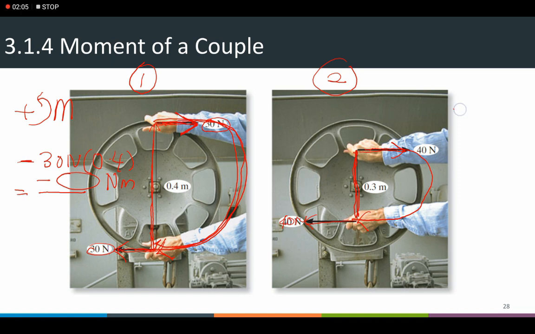We assume, as before, counterclockwise moment is always positive. So negative 40 Newton, because clockwise becomes negative, times the distance 0.3. You can get the answer.